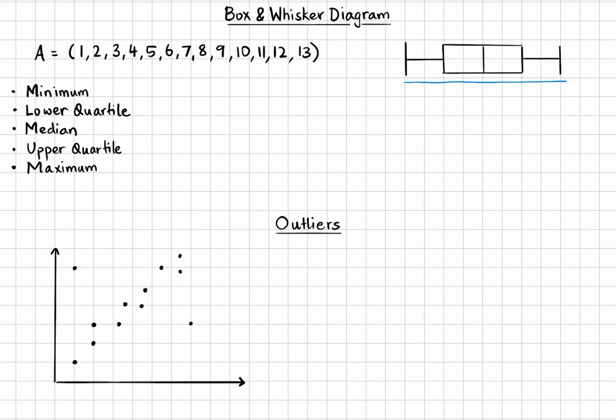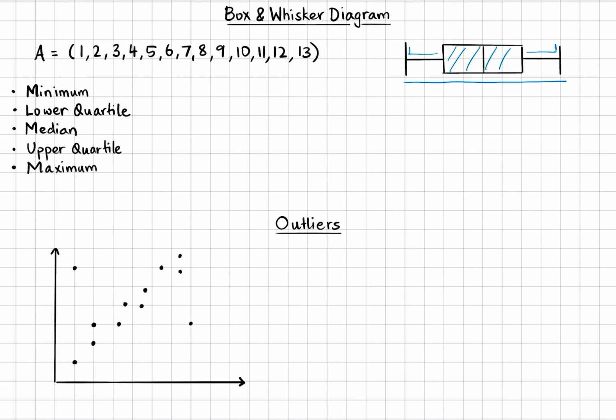All right, so the reason we call it a box and whisker is because we have a box here, and then we have these two whiskers coming outside. So it's a very simple naming for the literal shape of it.